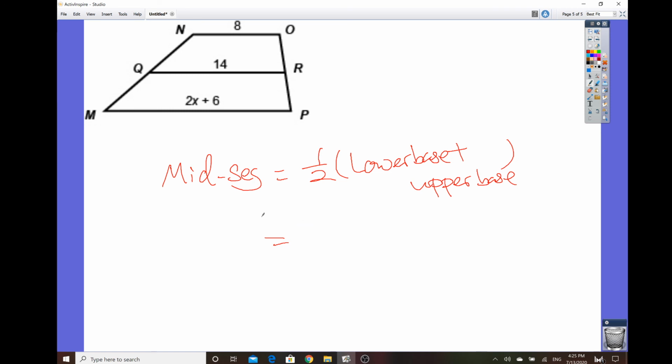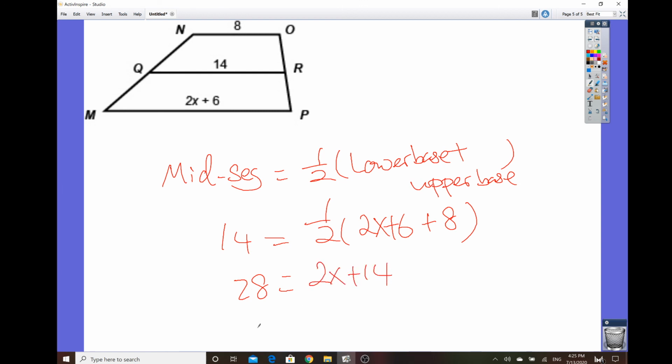The mid-segment here is 14, so half. Lower base is 2x plus 6, upper base is 8. Now we want to solve for x. We can get rid of the 1/2 first by multiplying by 2, so it's 28. Then combine the like terms: we have 2x plus 14.